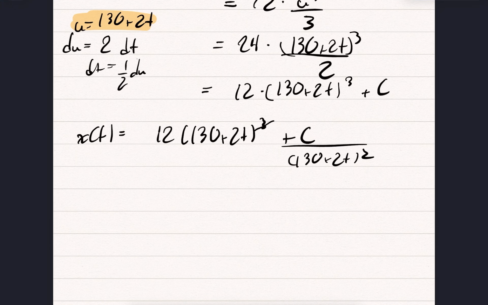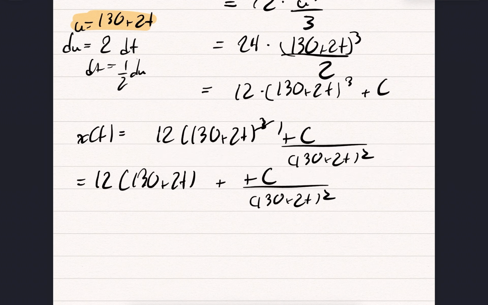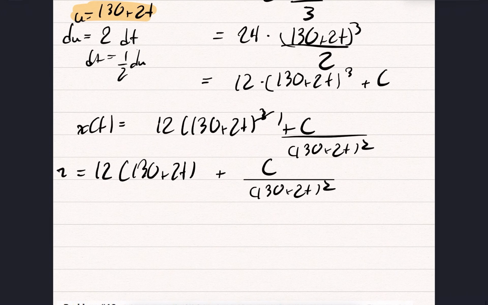And the reason why I did that is because this goes down to 1, and this finally equals 12 times 130 plus 2t plus this thing. Cool stuff. We need c.